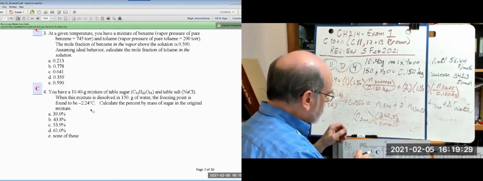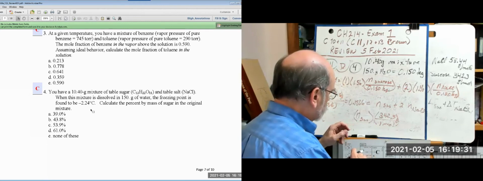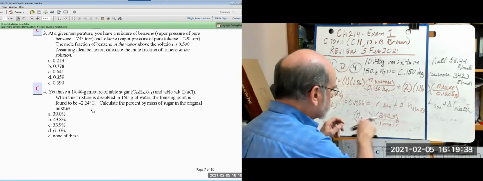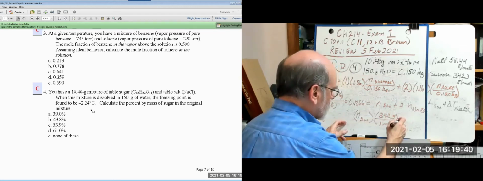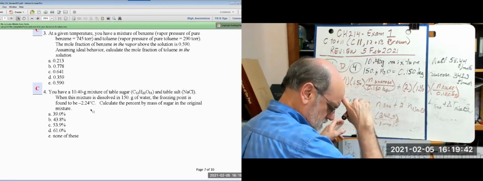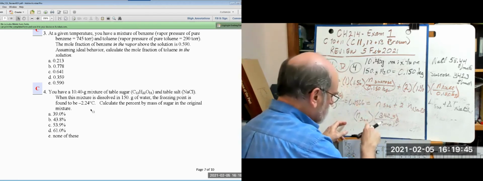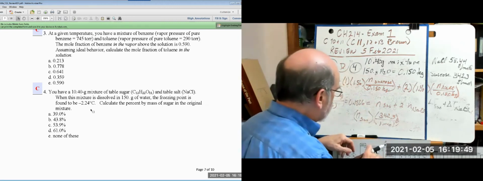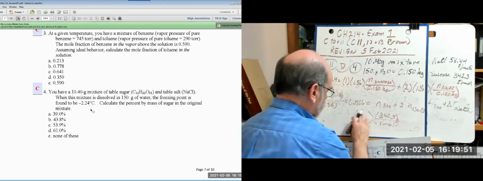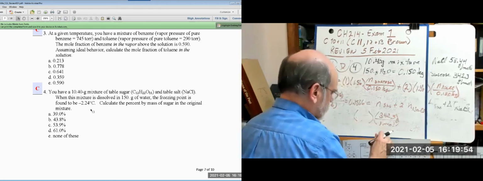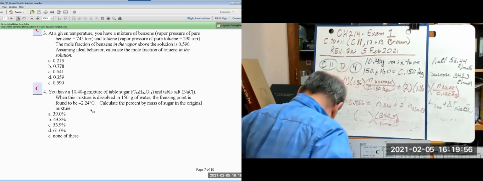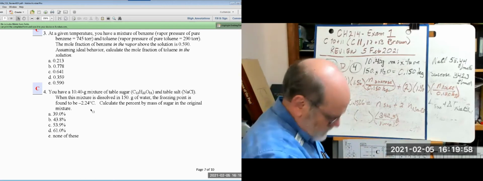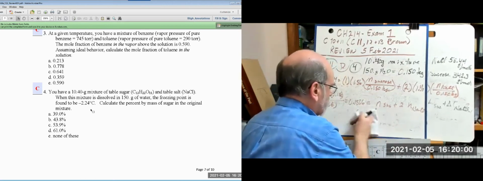Then we know that if this is equal to the moles, then actually what we want to do is convert mass. So actually it's upside down, excuse me. I got that wrong.